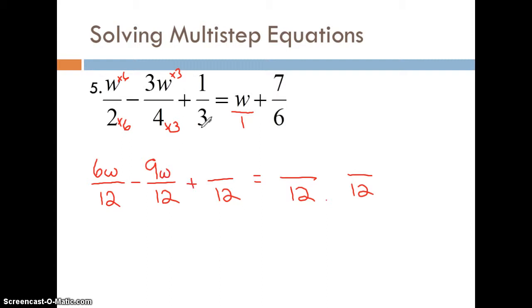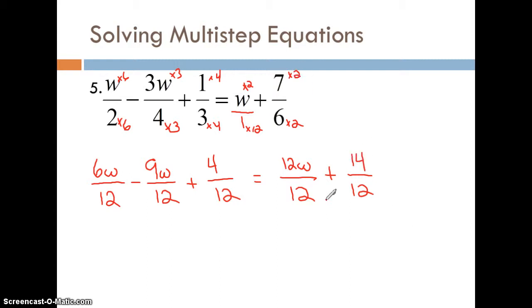Keep that plus. 4 times 4 will stay 4. Over here, times 12. So w times 12 is 12w. Keep the plus. 2 times 2 will be 14.